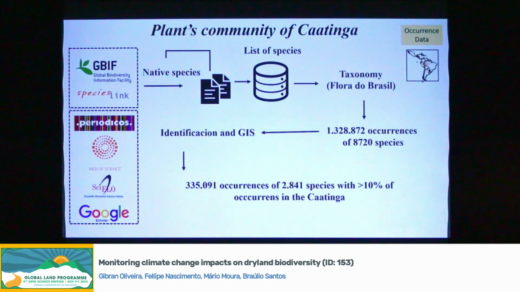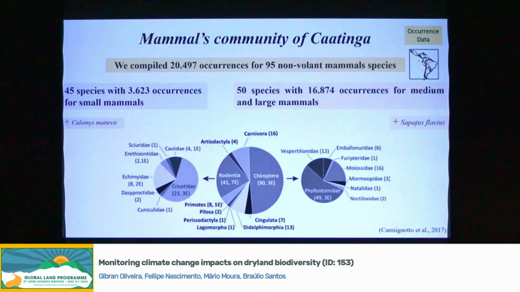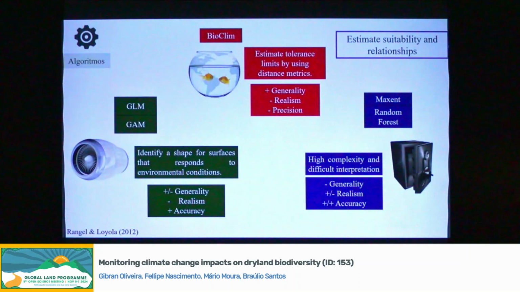And for plants, at the end of all the processing, we got 300,000 records for almost 3,000 species. And for amphibians, I got 20,000 records covering 995 species, including new species that were out of the dataset and out of the literature.